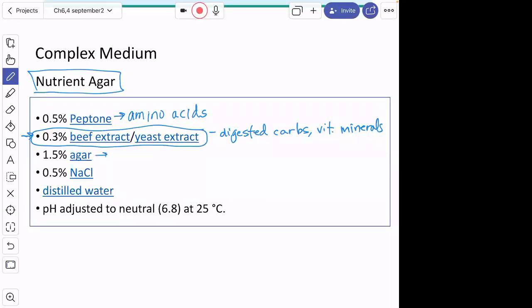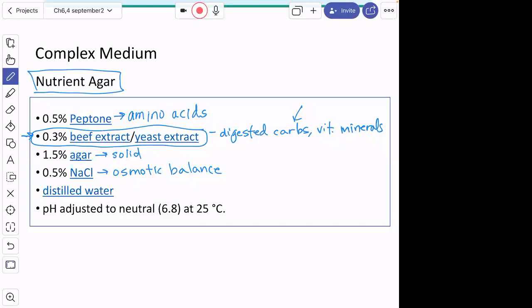If it has agar, then you know that it's a solid media. Okay, nutrient agar. They're not eating the agar, they're eating all these carbs and proteins and other things. And then a little bit of salt for osmotic balance. We're going to review osmosis next week, just to make sure everybody's clear on that.